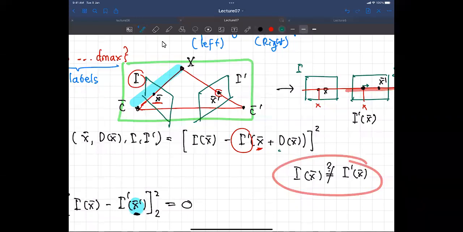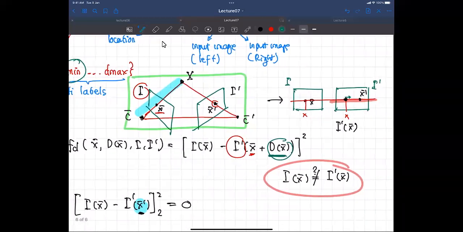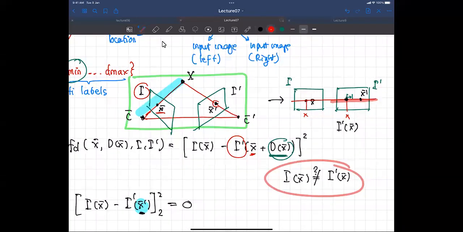So this one, d x bar, means you shift. This one is a shifting point. So if it is the first one, the first candidate for dx bar is d min. So if you move here according to d min, so this one is actually d min.